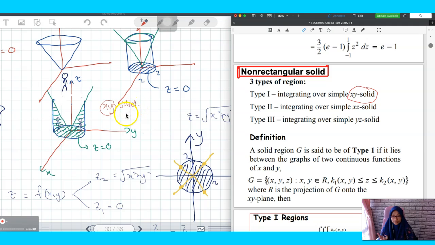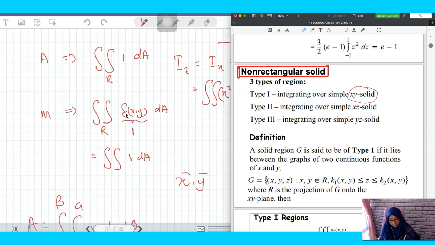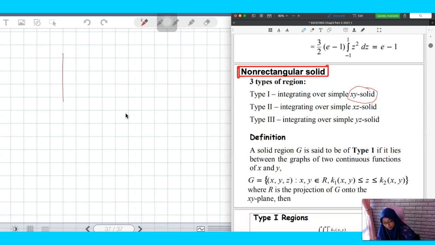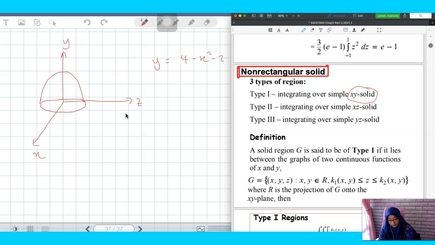Let's say you have a different sketching, a different solid, maybe a bowl concave down. This one is not Z. Let's say this one is Y, this one is X, and this one is Z. So the equation of your bowl is actually y equals 4 minus x squared minus z squared.